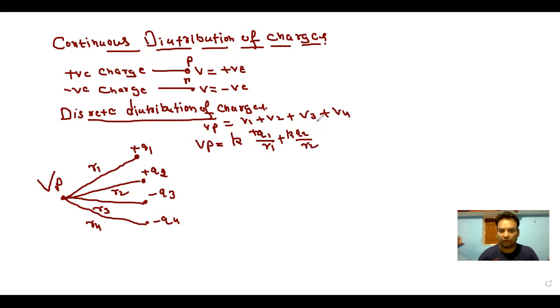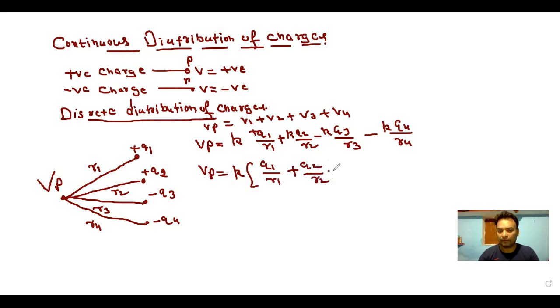But V3 will be negative because we have a negative charge, so I will write minus K Q3 upon R3. And likewise, V4 is also negative, so I will write minus K Q4 upon R4. So VP can be written as K times Q1 upon R1 plus Q2 upon R2 minus Q3 upon R3 minus Q4 upon R4.